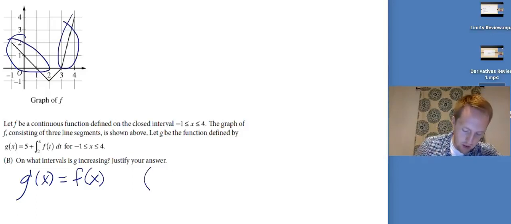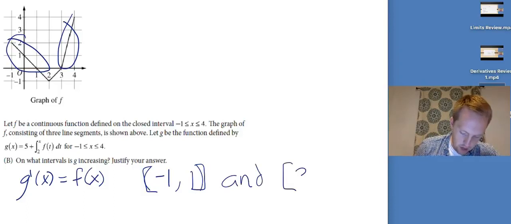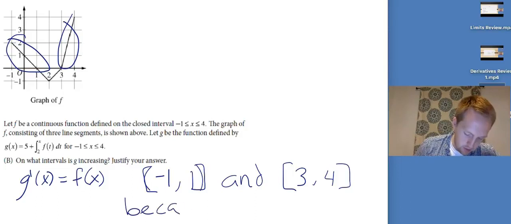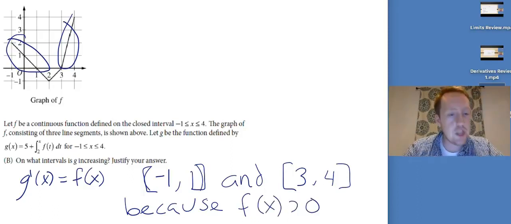So from -1 to 1 and 3 to 4, because f of x is greater than 0. So saying g prime of x is f of x, then I can say because f of x is greater than 0. That's all there is to it. This should be pretty easy points because it shows up pretty regularly on the exam.